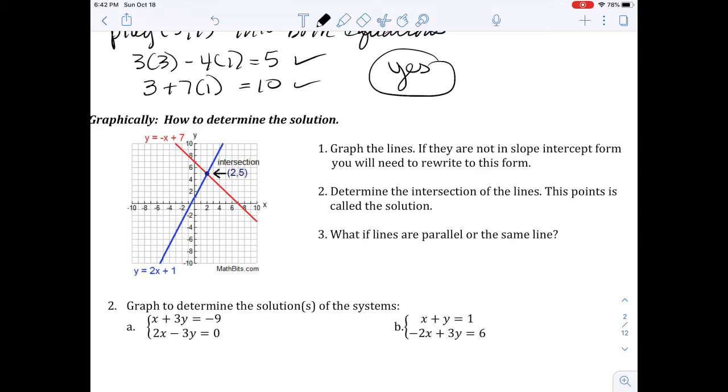Now, if the two lines do not intersect or they are parallel, we say they have no solution. Okay? If the two lines are the same line, they have infinitely many.